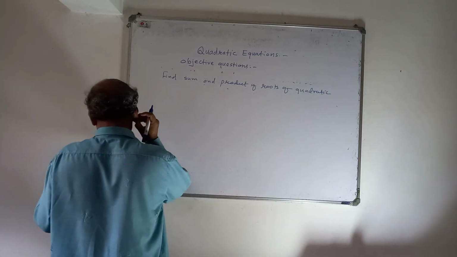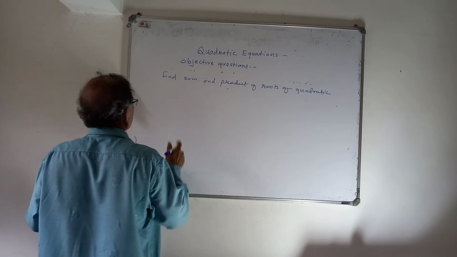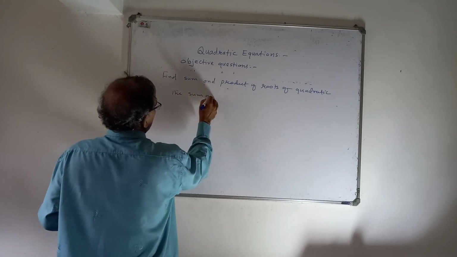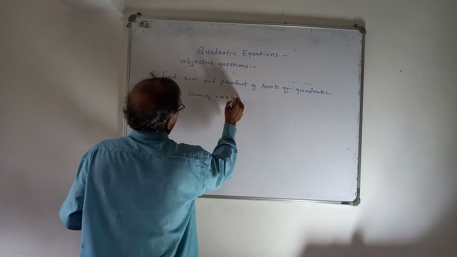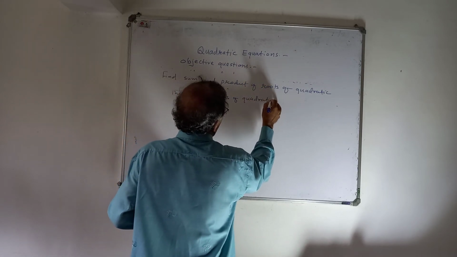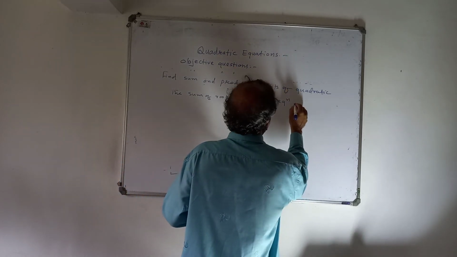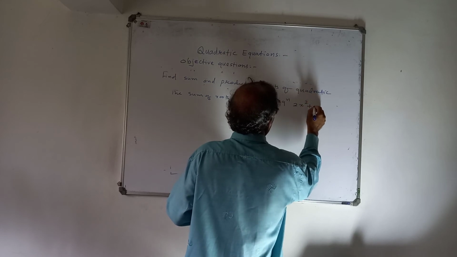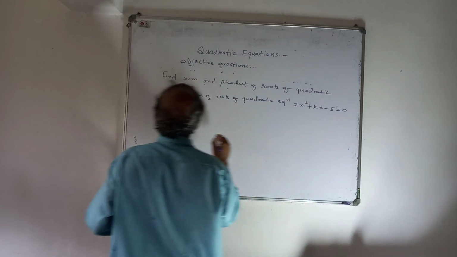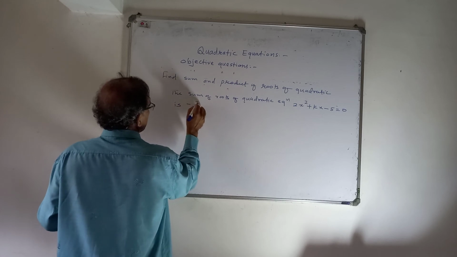Now you can write down. The sum of roots of quadratic equation 2x square plus kx minus 5 is equal to 0 is minus 3 upon 2.